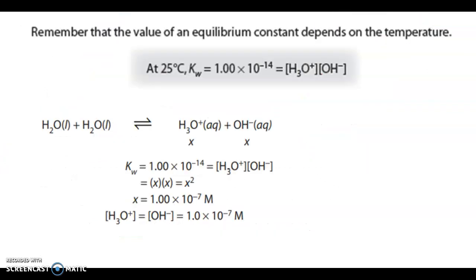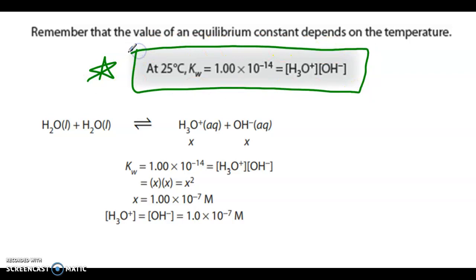So here is where things are going to get interesting. This relationship is very important to make note of. As we continue forward and we take a look at changes that happen in hydronium and hydroxide concentrations, this relationship will be key. Okay, so just like any other K, values are temperature dependent.